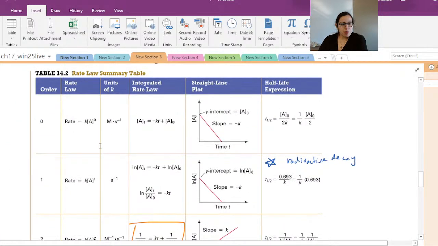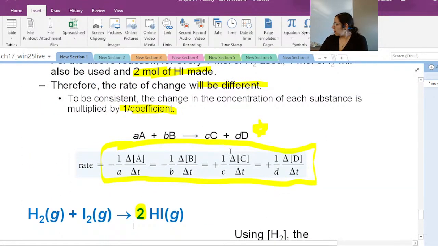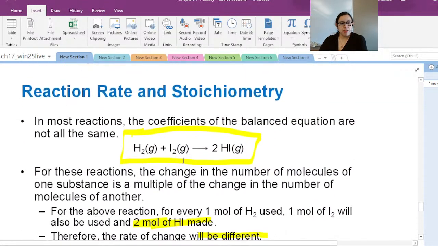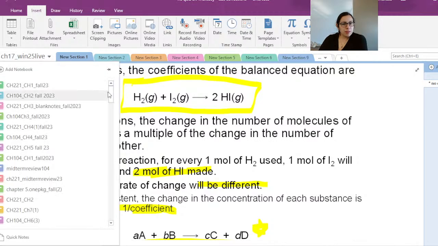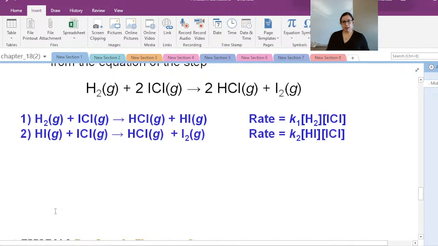But again, we're just writing this sort of expression initially, and that's all that's happening in chapter 18 and this example here.